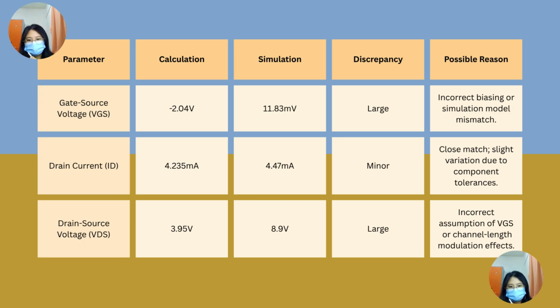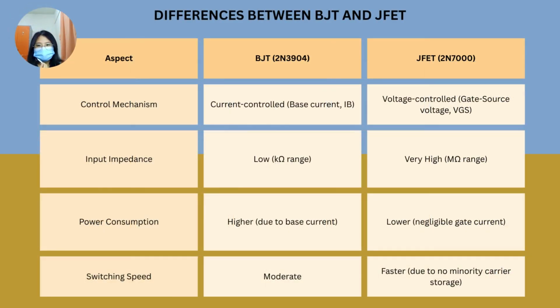This table is comparing the differences between BJT and JFET. The control mechanism of BJT is current control, which is base current, and the JFET is using voltage control. Next, input impedance: BJT is low and JFET is very high.